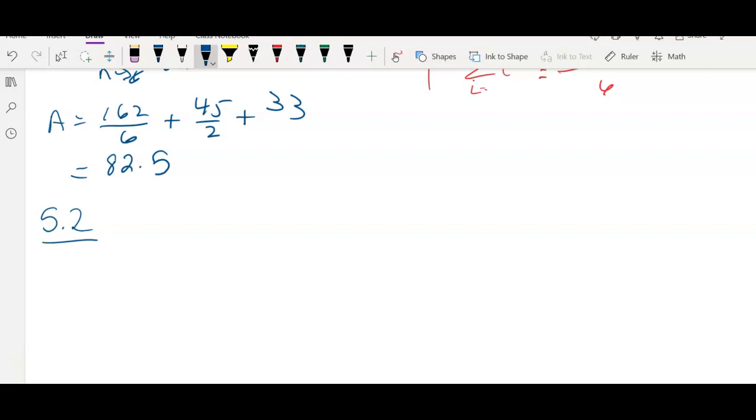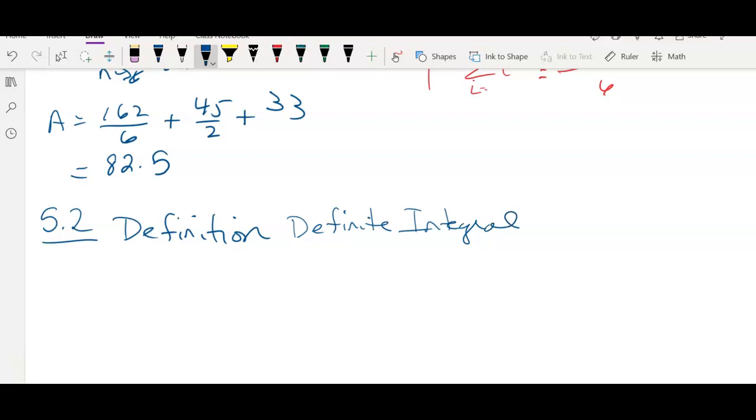In 5.2, the definition of what we call, so what we did with the antiderivative is we did this thing called indefinite integrals where we added c because we didn't know where it was. The definition of the definite integral. So the definite integral is now an integral at a certain location between 2 points.